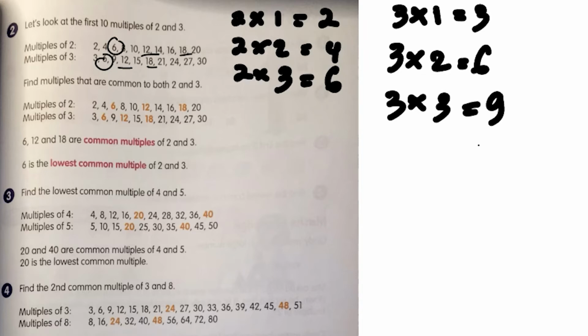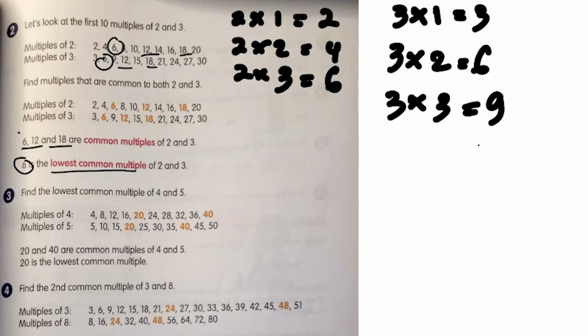So the common multiples of 2 and 3 are 6, 12, and 18. And 6 is the lowest common multiple of 2 and 3.